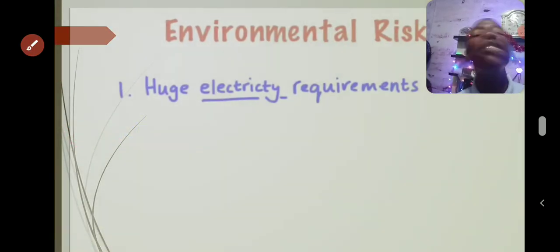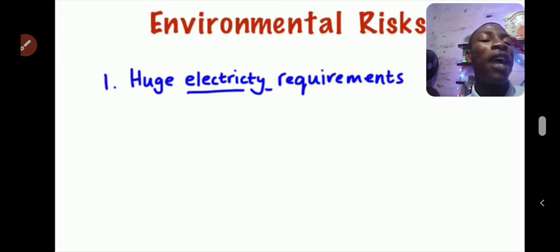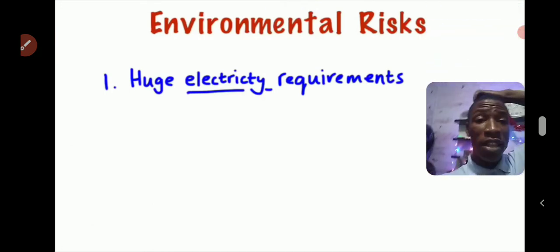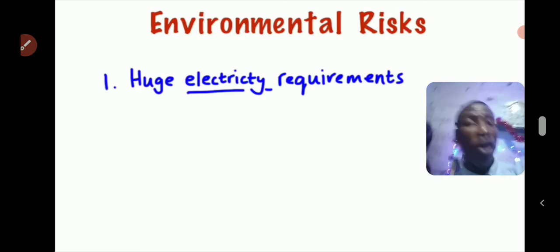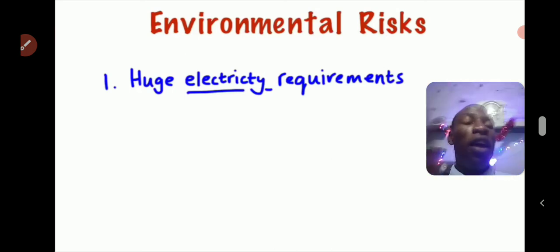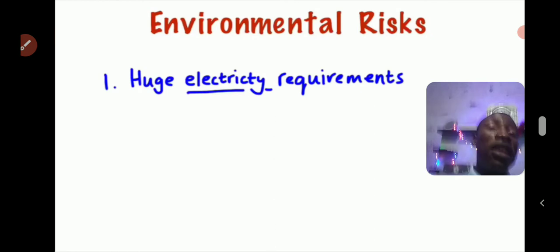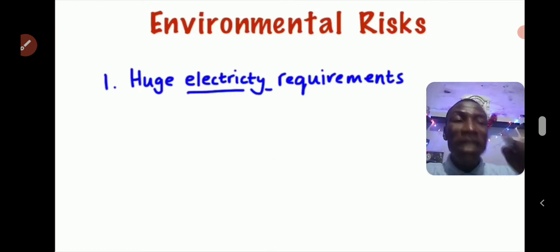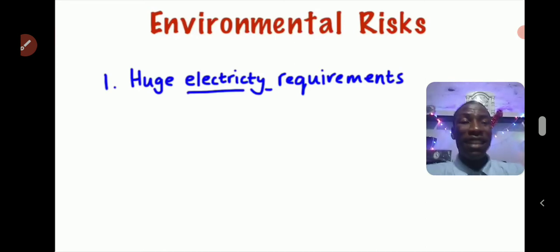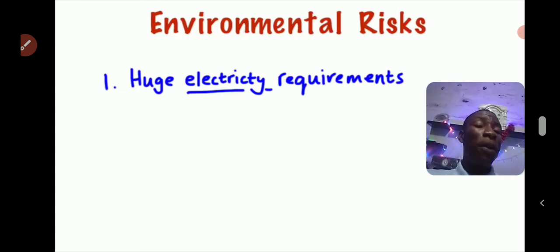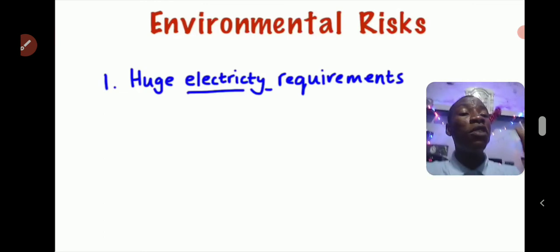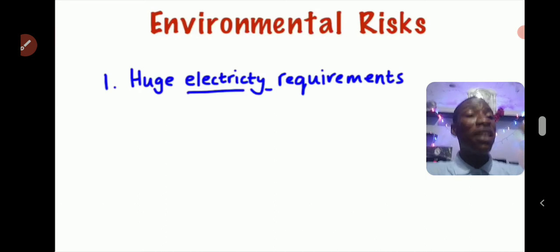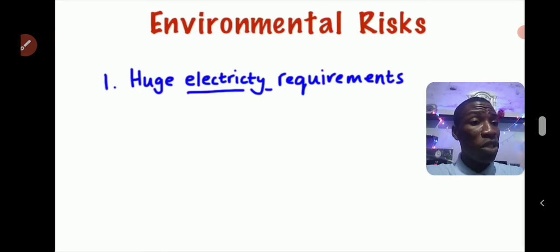Before we leave this particular aspect, what are the environmental risks of this Hall-Héroult process? Number one, it requires a huge amount of electricity that must be running 24/7 and 365 days a year, because if you remove the source of the electricity, the aluminium metal can solidify with the alumina and then the whole thing will get spoiled.